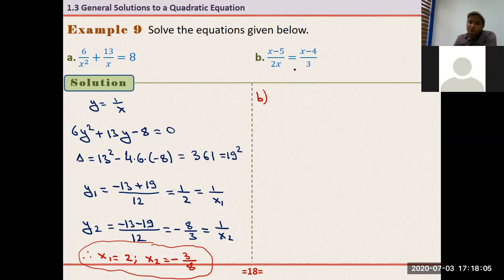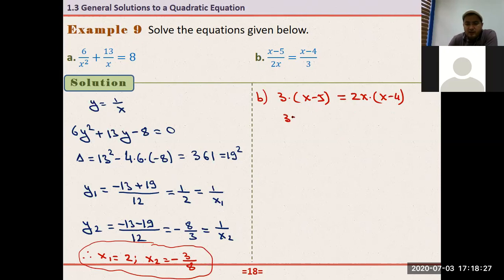We need to cross multiply. In math, we call this cross multiplication. That is 3 times x minus 5, equals 2x times x minus 4. Now just expand this and take everything to one side, write in standard form, then we can solve this.